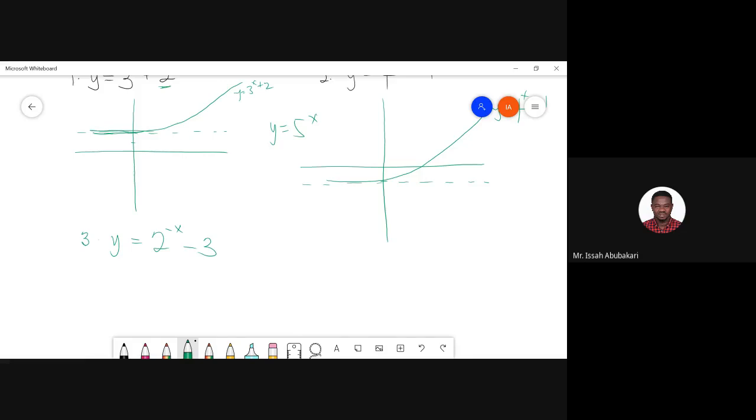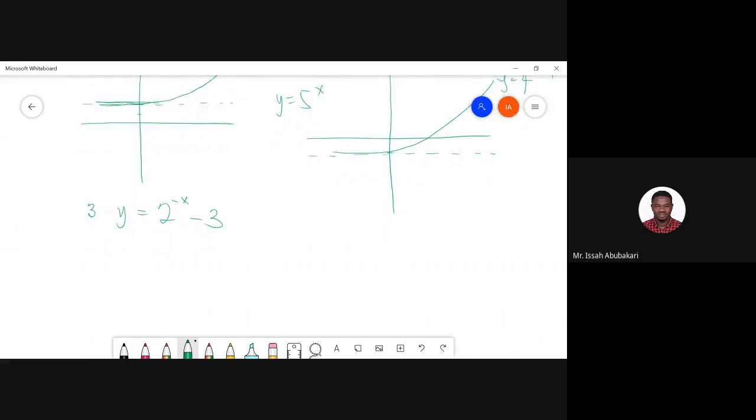With this, we can conclude that this is a decreasing function because we can write this side as 1 over 2 exponent x, right? So let's rewrite the equation again: y is equal to 1 over 2 exponent x minus 3.